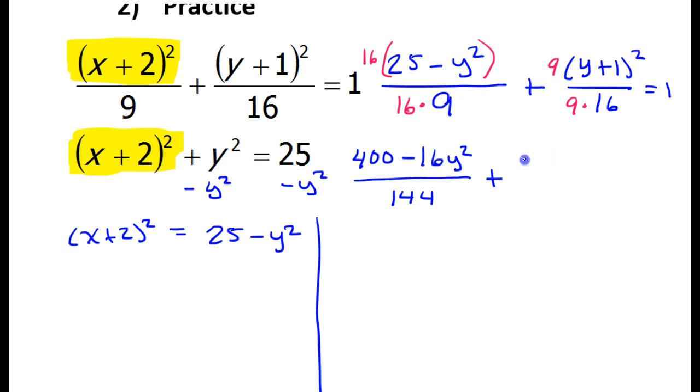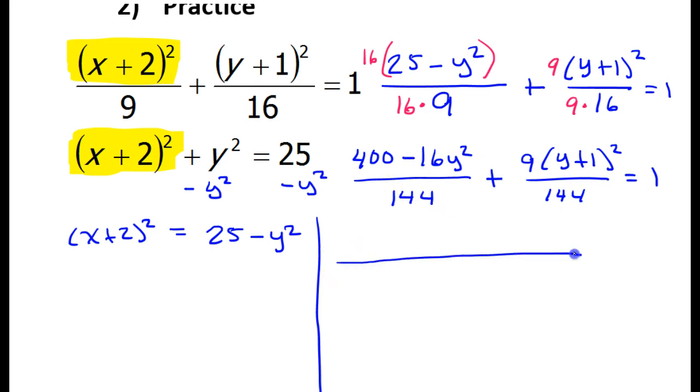Can't distribute this because it's squared, so I have to leave this as 9 times y plus 1 squared over 144 is equal to 1. Now I've got like denominators, so I can put all this together over one giant denominator.